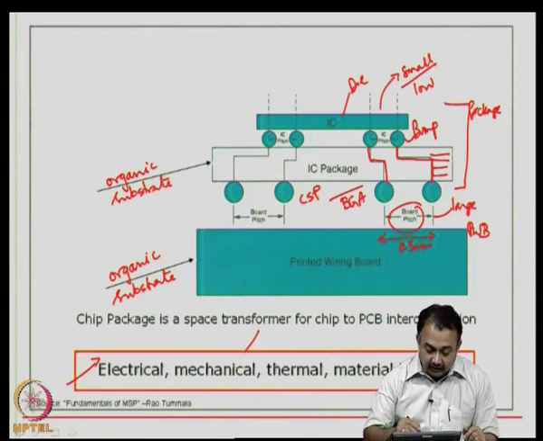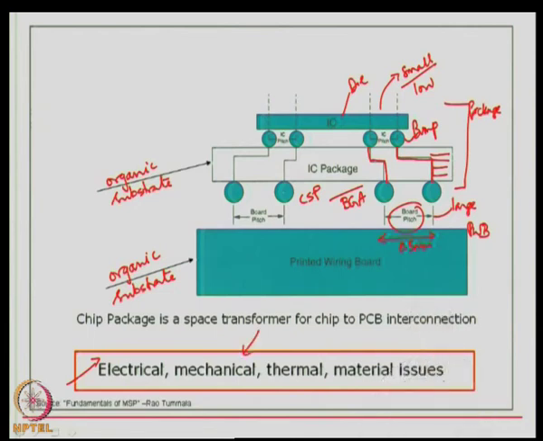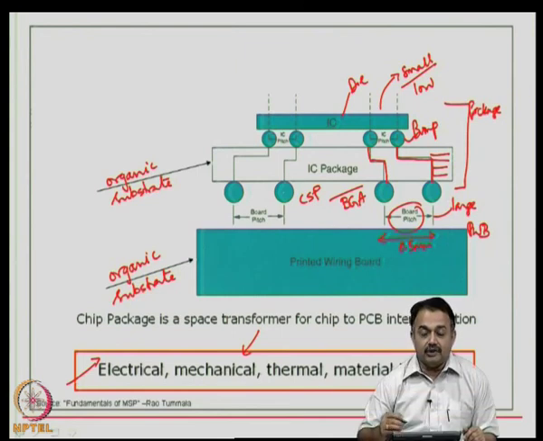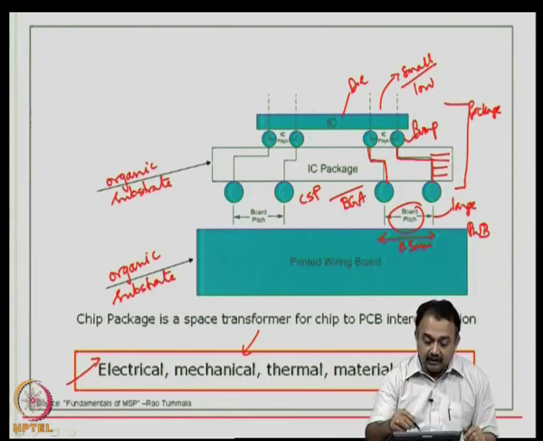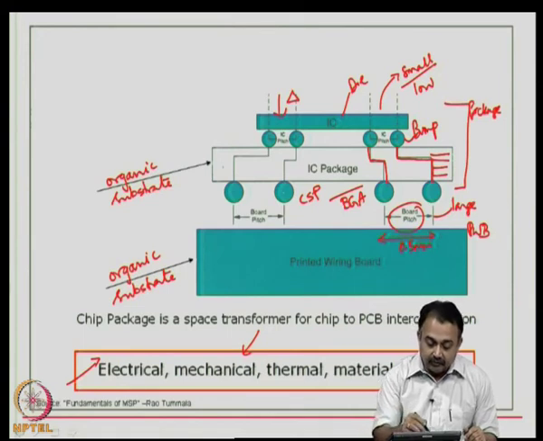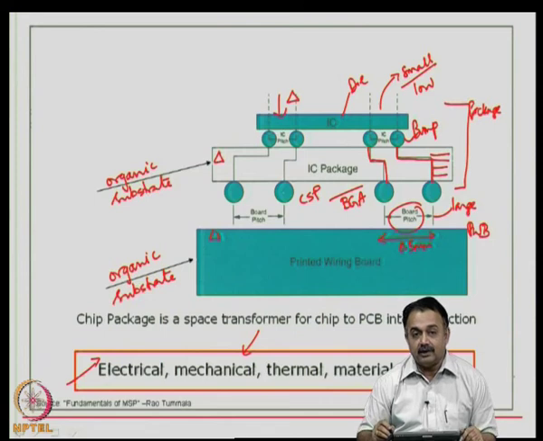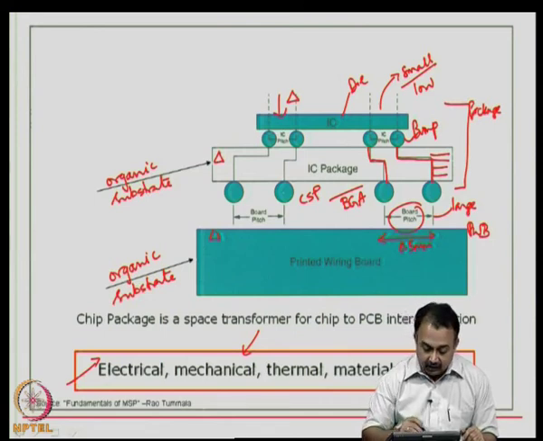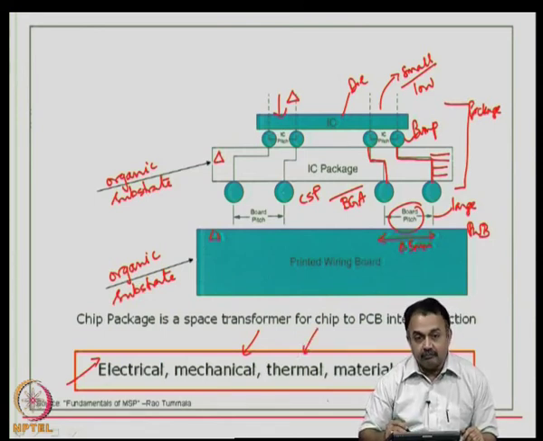Then we have mechanical issues. If you do not take care of thermal management, then typically your die can crack. Okay. This is a very important area where heat can play a major role. Your die can crack, your package can get warped, or your board surface and the solder joints can get affected due to thermal issues, or the thermomechanical reliability becomes a question.